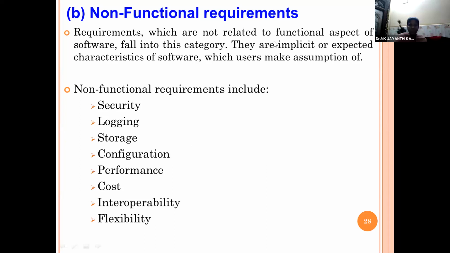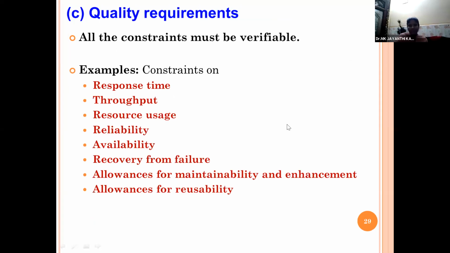Any doubt in this? The functional requirements and non-functional requirements are the major requirements activities. The third requirement is called quality. So we should consider the quality in any project. All the constraints must be verifiable. Say for example, response time.